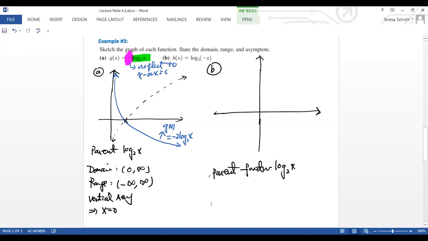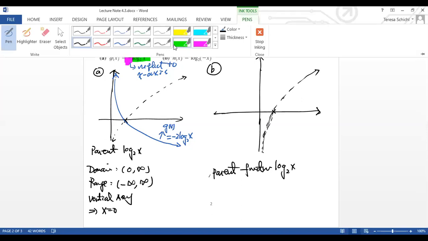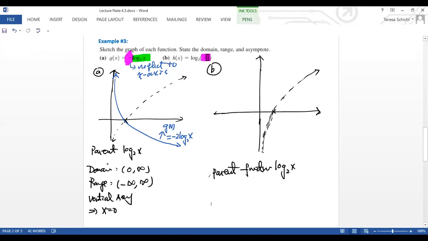It's log base 2 of x. Okay, so here this is my critical key point. So my parent function goes like this, right? So let me put the dotted lines here. This is my parent function. All right, so now you have this negative x inside.